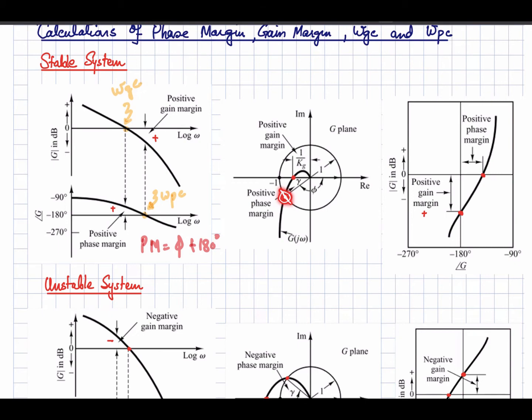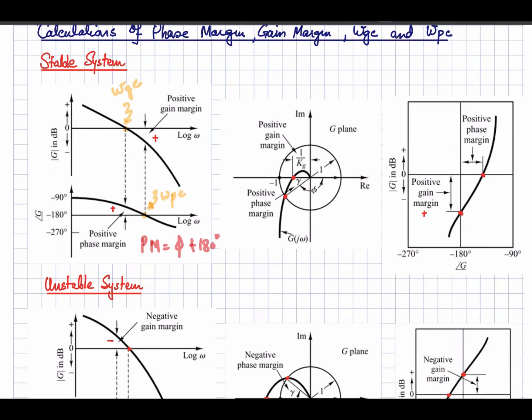So at this point the dB gain becomes 0, that's why this is the gain crossover frequency. This is represented over here whenever your polar plot intersects the unit circle in the polar plane.